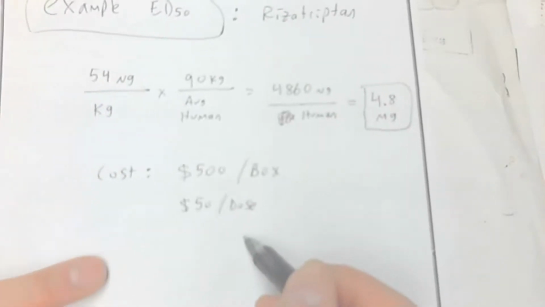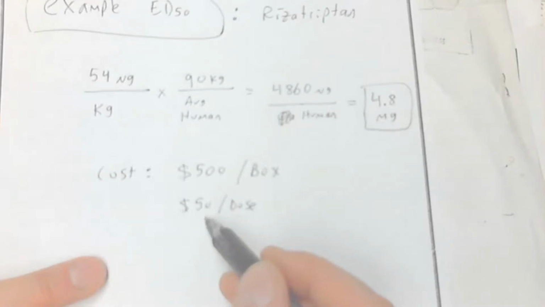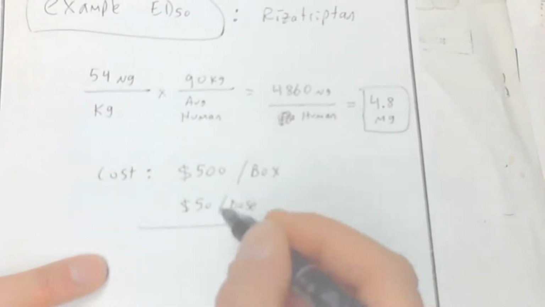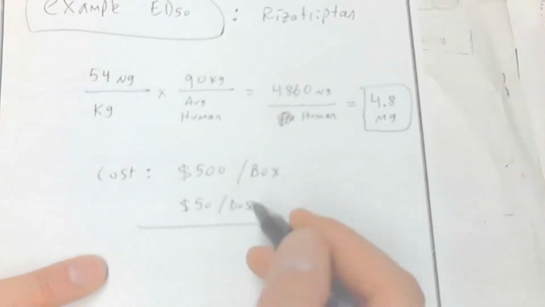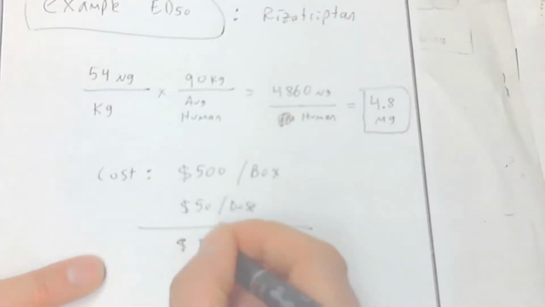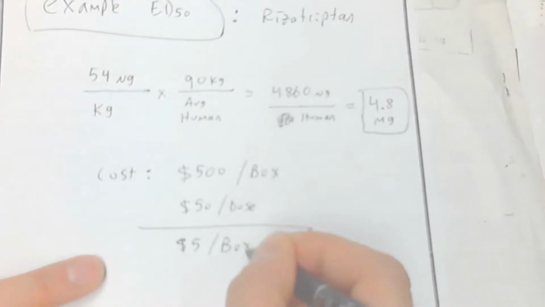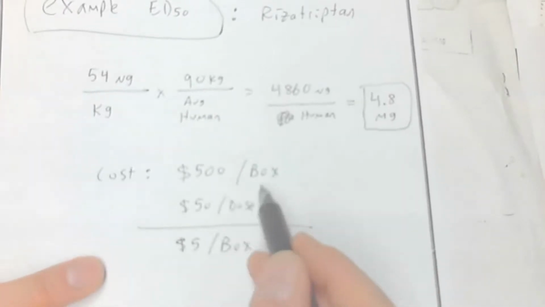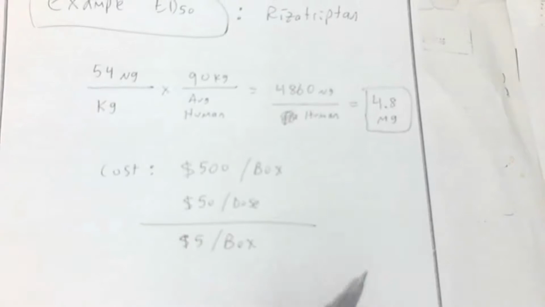It's a very simple drug that could be made in like 2 steps from simple reagents. But with insurance and everything, it's about $5 per box. People that don't have insurance are paying a lot for a simple drug like this. Okay, so that's ED50.